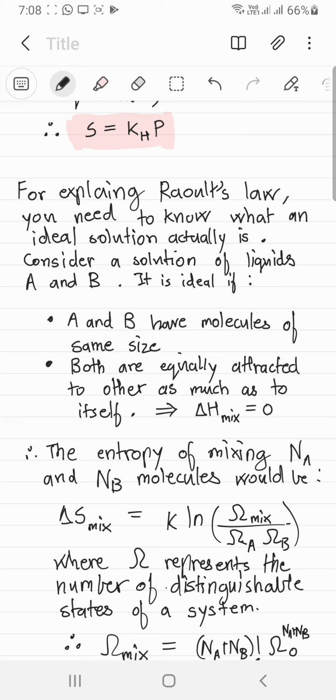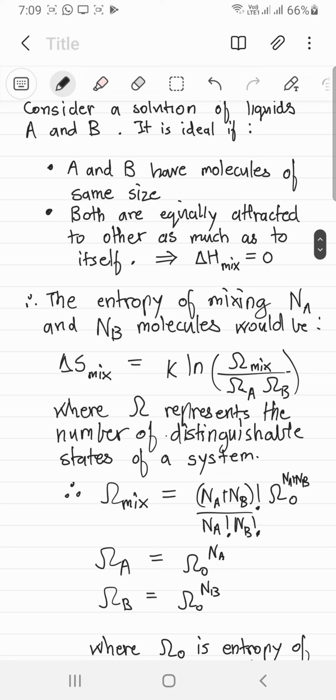And what that means is that if you mix these, the enthalpy change of that mixing will be 0 because the interactions are the same. So it doesn't matter wherever this small molecule is, because even if it's in pure substance, it will be the same bonding, and even if it's in the mixture, it will still be the same bonding, and that's why delta H mixing is 0.